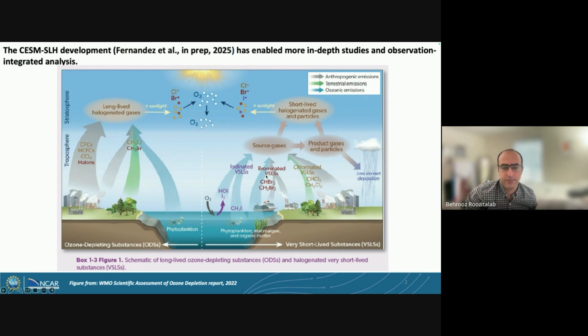So in this figure, we see that there are some anthropogenic or natural sources that emit halogens to the atmosphere, and then they release radicals, and it can impact ozone.